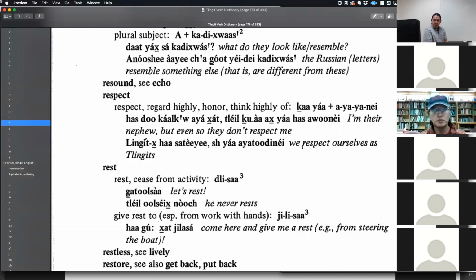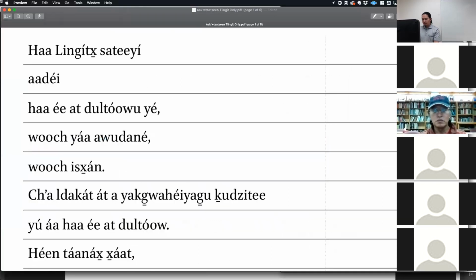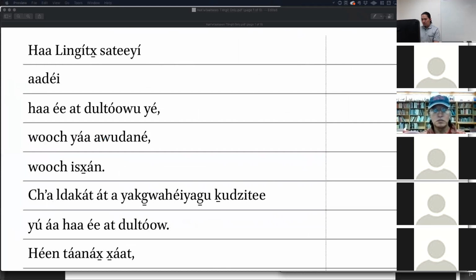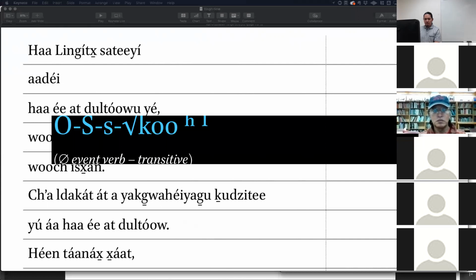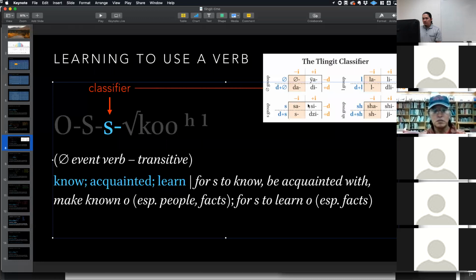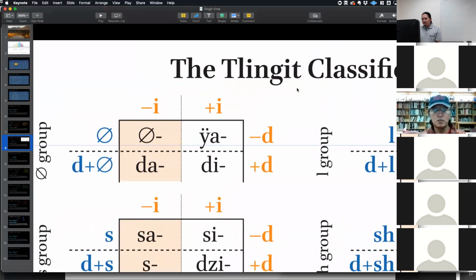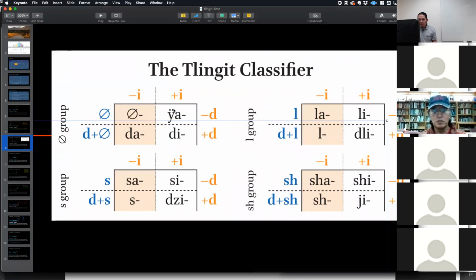So there's a couple things to note. If we go back to these classifiers here, we've got ya right here.